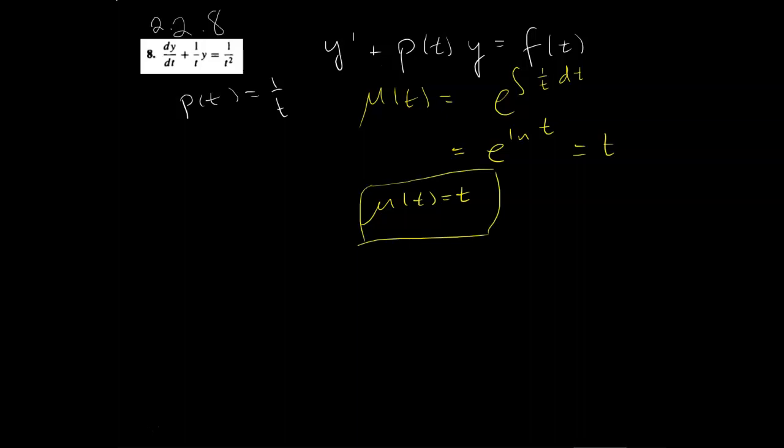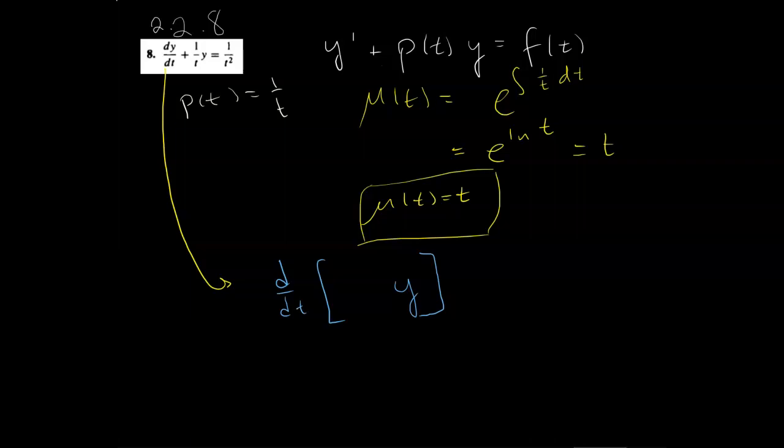That tells us we can rewrite our original equation simply as the derivative with respect to t. Now what's on the left side? We have y times mu, or as your book calls it, e to the pt.